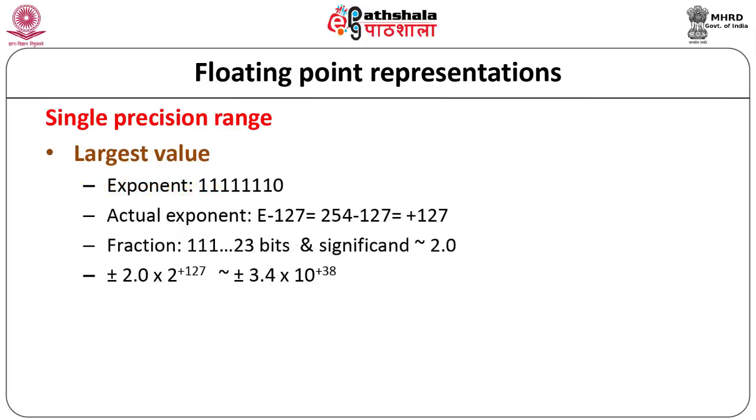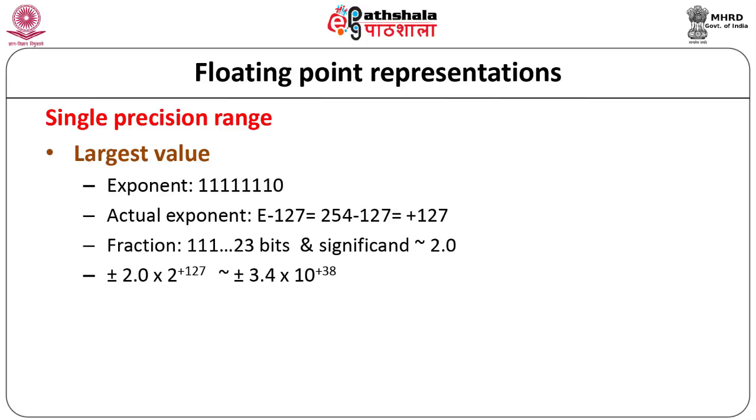In single precision range, exponents 0000 0000 and 1111 1111 are reserved. The smallest value of exponent is 0000 0001. The actual exponent for this number is e minus 127, that is 1 minus 127, which is minus 126.